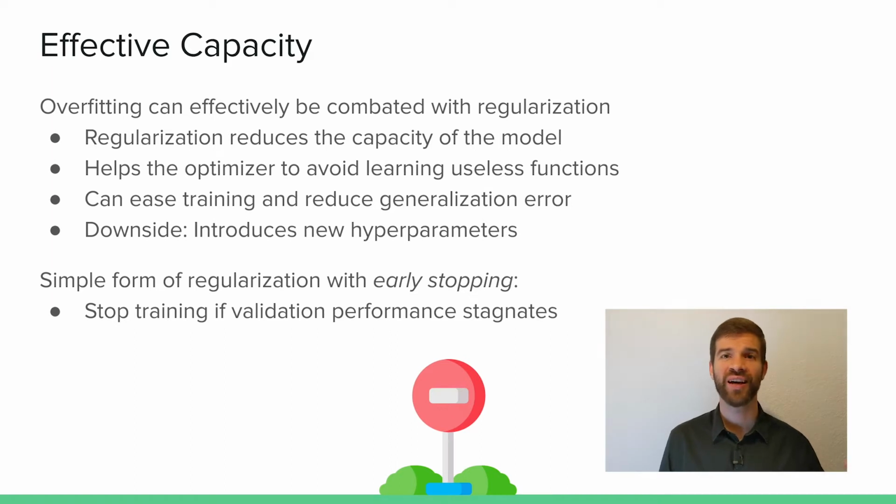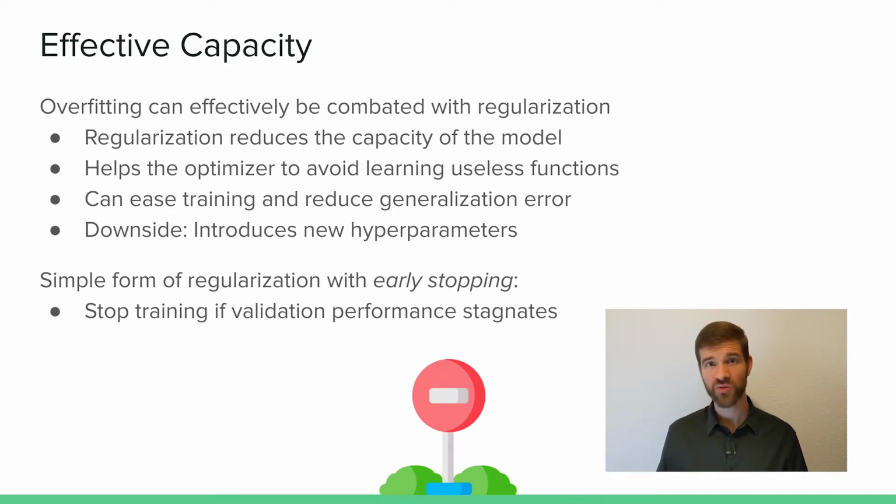We want to have a generalization error that is as low as possible. The downside, if we introduce regularization, is that we are introducing new hyperparameters. And as soon as we introduce new hyperparameters, well, we have to do more work.